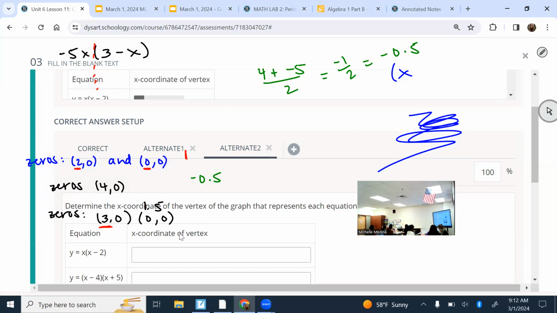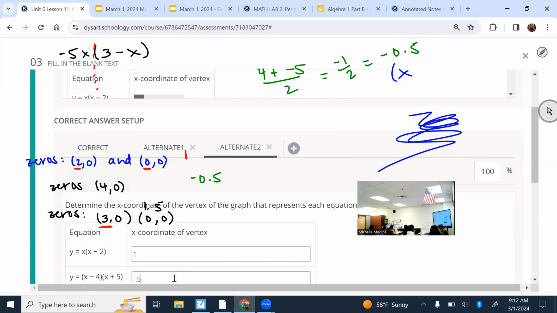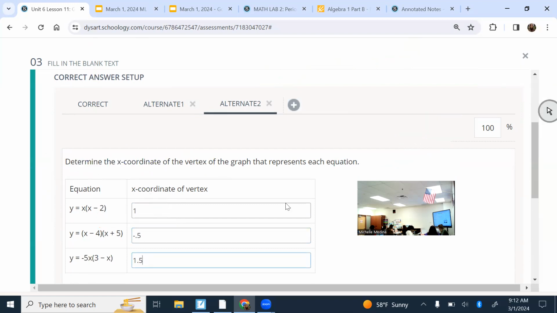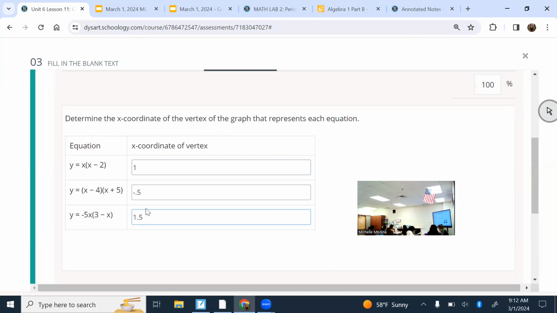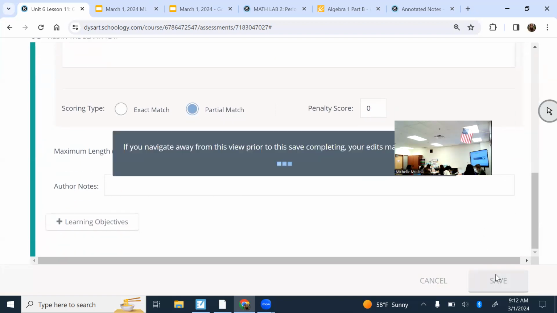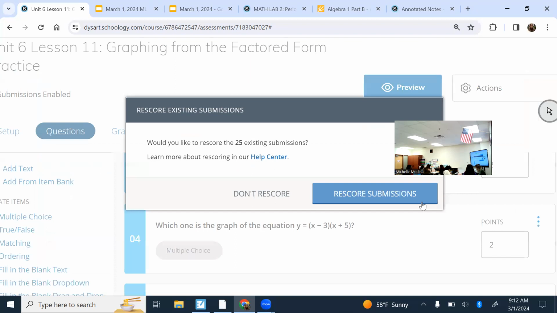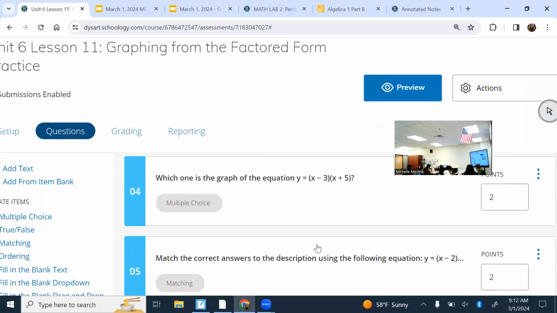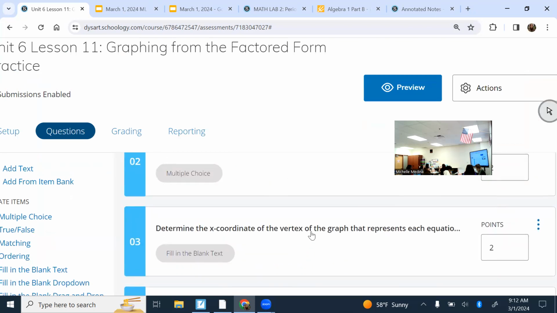Okay. So that was 1, negative 0.5 and 1.5. Okay, so if you typed this in, it'll now mark it right. It'll just probably take a while. If you're not in my algebra class, then tell me, I'll just fix it on yours. I don't want to have to go into all the algebra classes and do that, but that was number 3. All right, questions on this one?